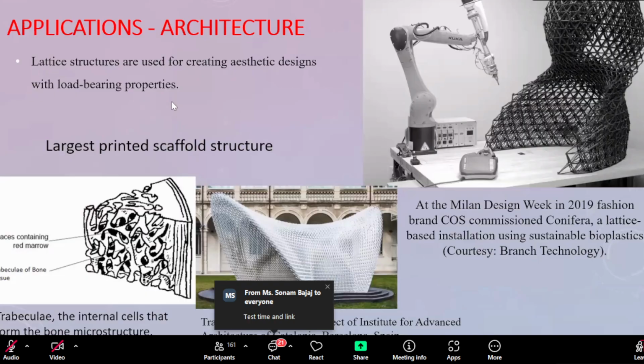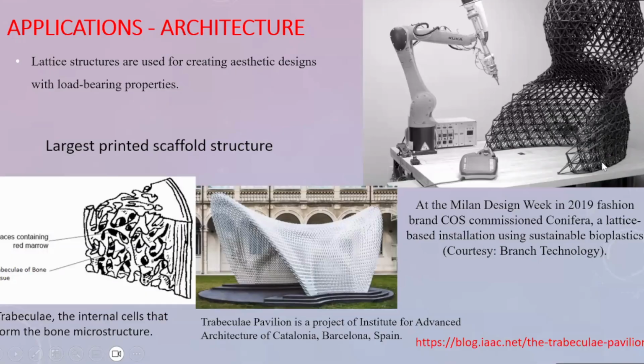And apart from that, we can also have lattices in architecture applications where a large structure needs to be printed, and with lattice structures the weight of the structure will be reduced and we can get more area.